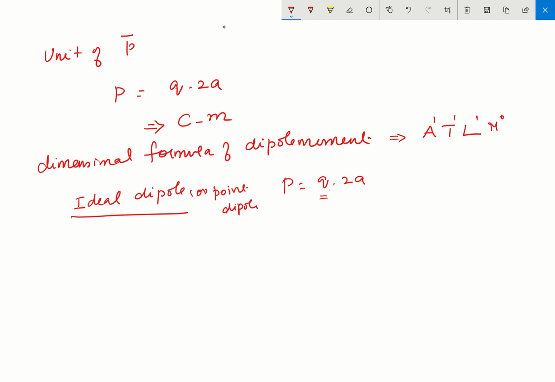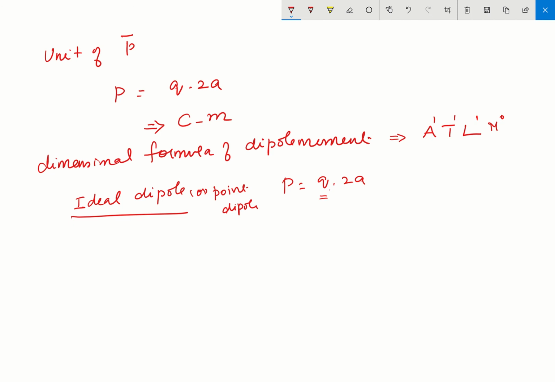Here the charges are very large, but the separation between them is very small. Then you will get an ideal dipole.